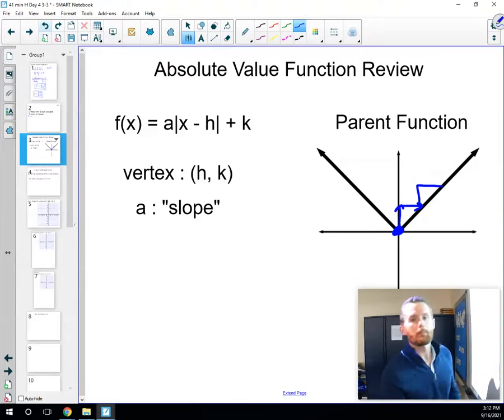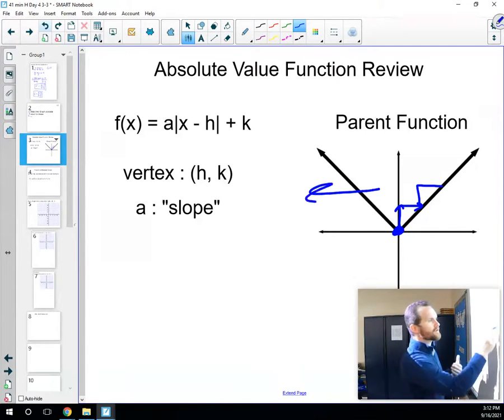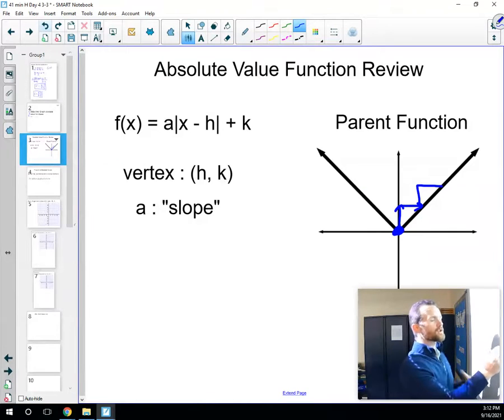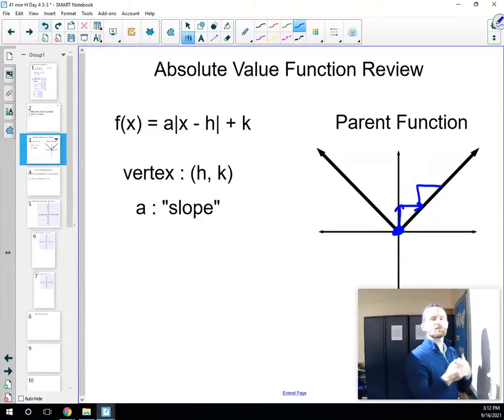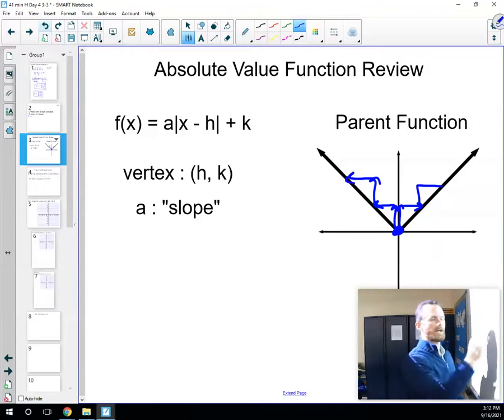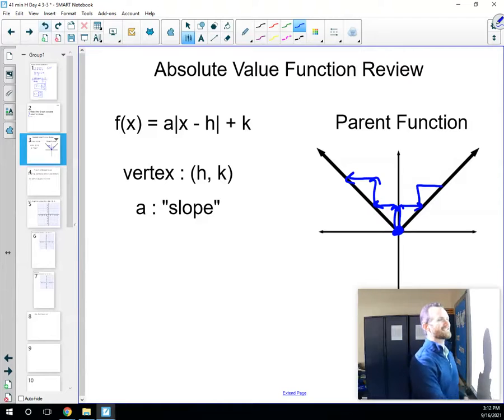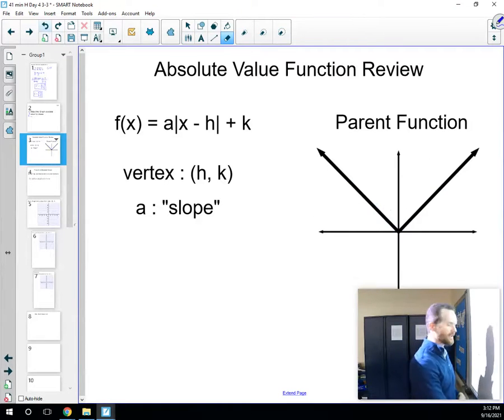But on the other side, if this was a line, we would go down and to the left. Since we want this to make a V, we reverse it and go up and then to the left, up and then to the left. So that's why I've got slope in quotes. It's not exactly the same thing, but we can think of it like slope if that helps us graph it.